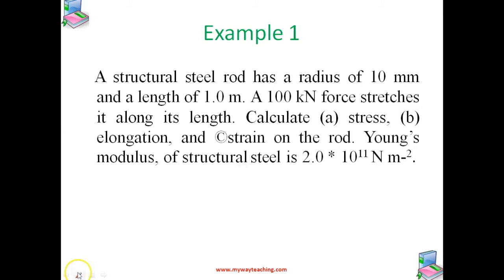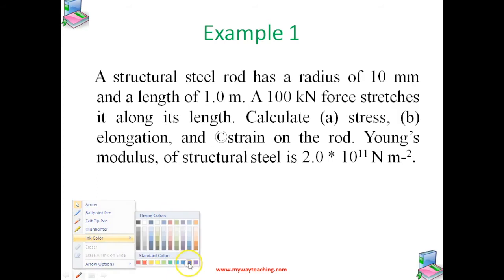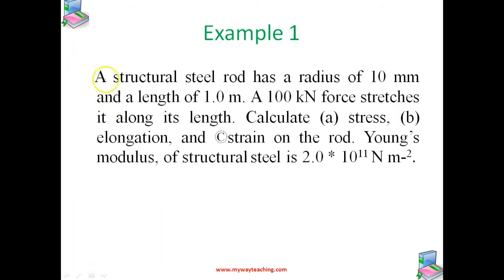In this particular part, let us solve a few problems. The first problem: a structural steel rod has a radius of 10 mm and a length of 1 meter. A 100 kilonewton force stretches it along its length.